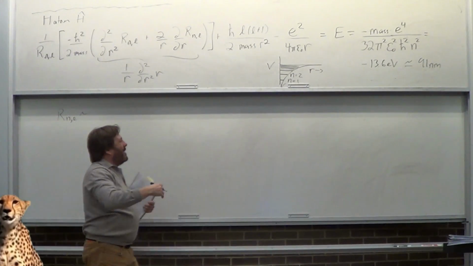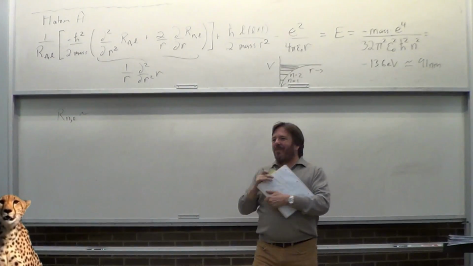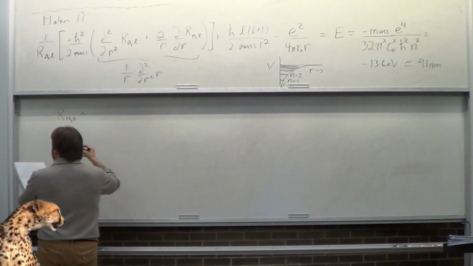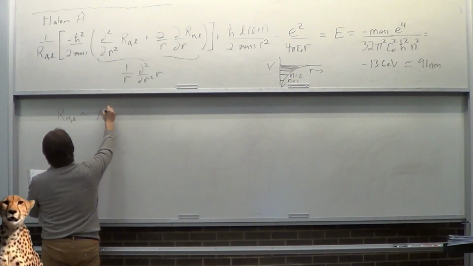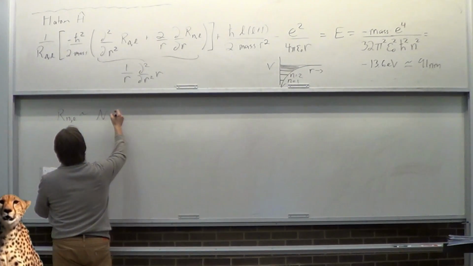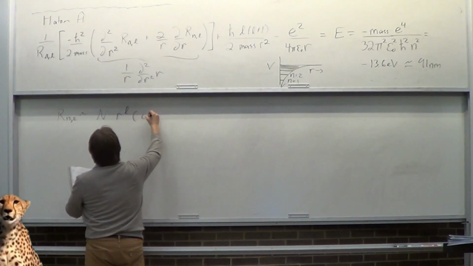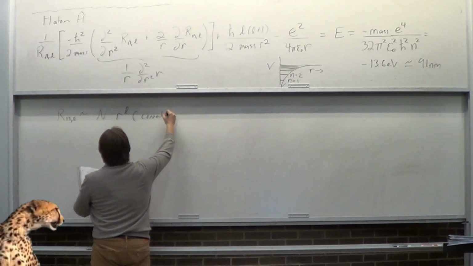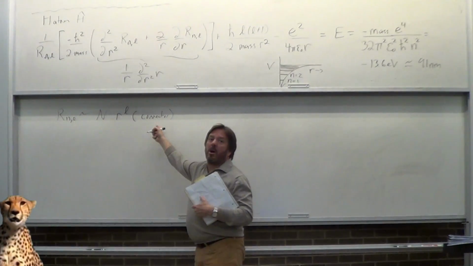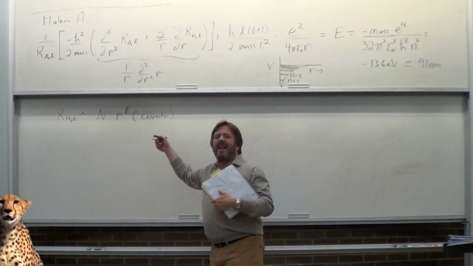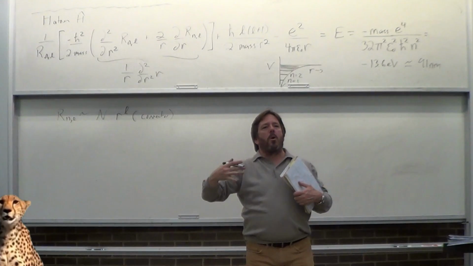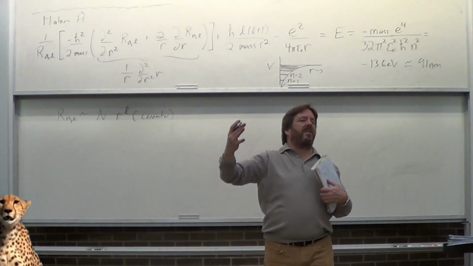Okay, so I've got the energies from the radial part. I also get the wave functions. The wave functions always have a normalization. Again, we never really need to worry about that. We get this R to the L showing up. We get some kind of connector, and the connector often generates nodes, which generates kinetic energy. You always see a node: when you go up a quantum level, there's always an extra node showing up.